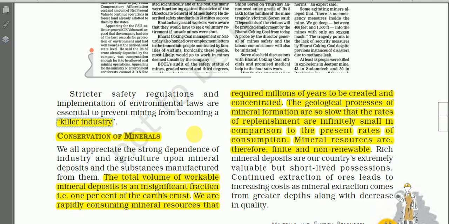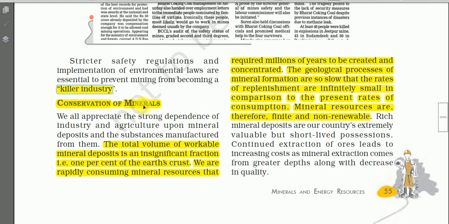So next we have conservation of minerals, and in this highlighted area it explains why conservation of minerals is needed. Why is conservation of mineral resources necessary?